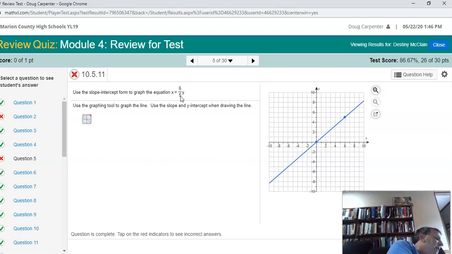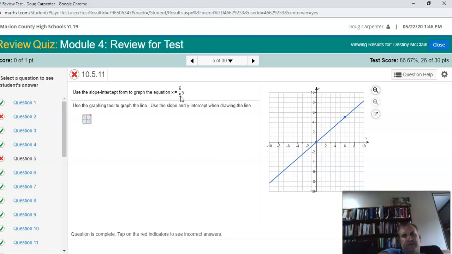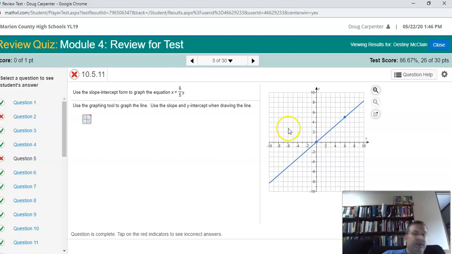Multiply both sides by 5 over 6, so I have y is equal to 5 over 6x. Now I just start at my y-intercept, which is 0. I don't have one, so whenever you see where it's just y equals something x, you know it starts at the origin. In this one, my slope is 5 over 6, so I go up 5 over 6.